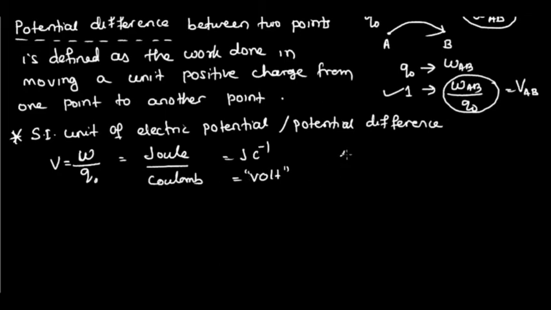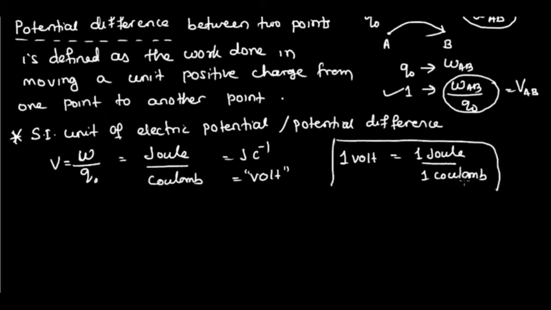So I can define 1 volt as 1 joule by 1 coulomb. 1 joule by 1 coulomb is equal to 1 volt. So students, remember that the potential difference between 2 points is said to be 1 volt if 1 joule of work is done to move a charge of 1 coulomb from one point to the other point.